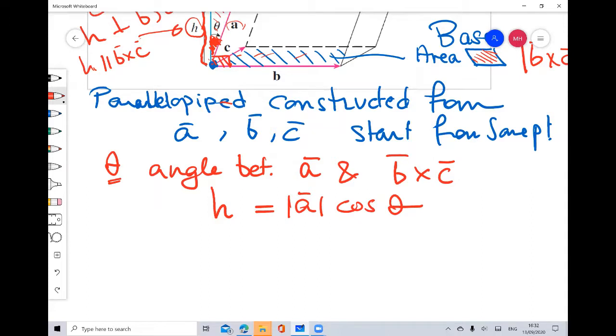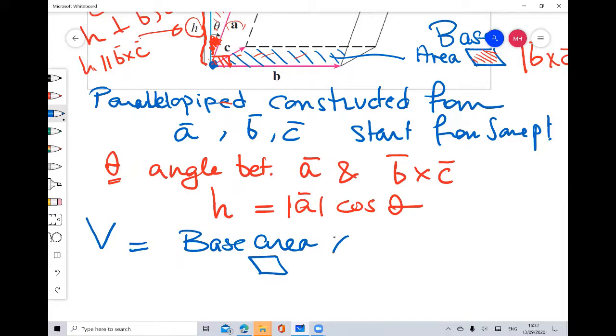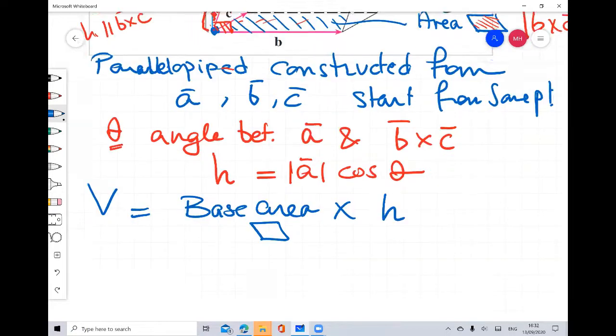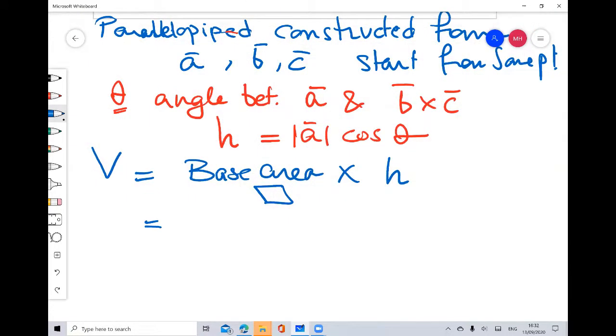So the volume of this parallelepiped is equal to the base area, which is the parallelogram, times the height, which I called H. Well, the base area is the magnitude of B cross C, times the height, which is magnitude A times cosine theta.